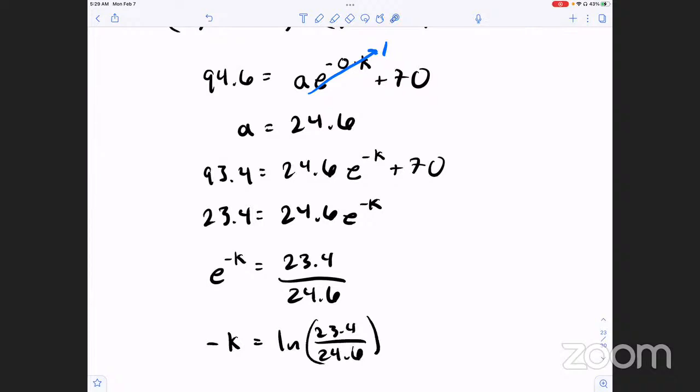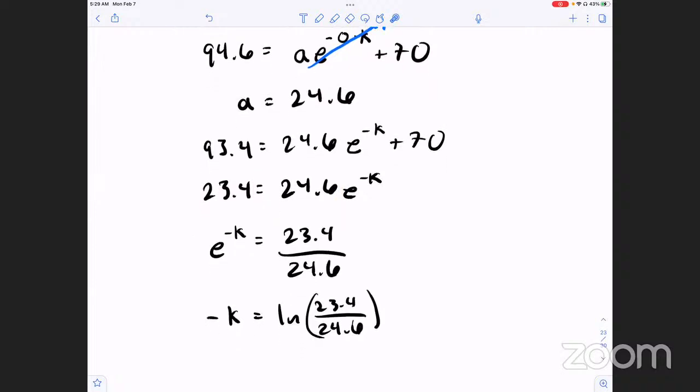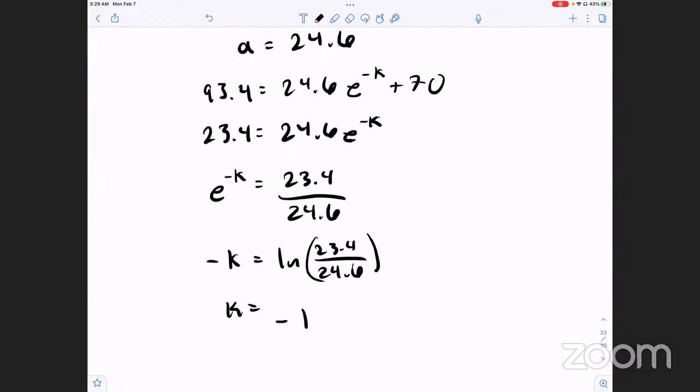I kind of paused because I was thinking these two numbers were about to be the same and cancel each other out and we'd get a recursive piece of information. But no, we're using different stuff. I just needed to keep going and see what happened. So ultimately the cooling rate is the natural log of 23.4 over 24.6, and we just crunch that number.